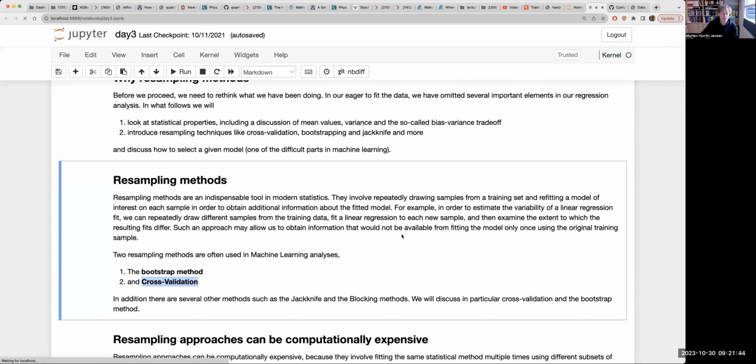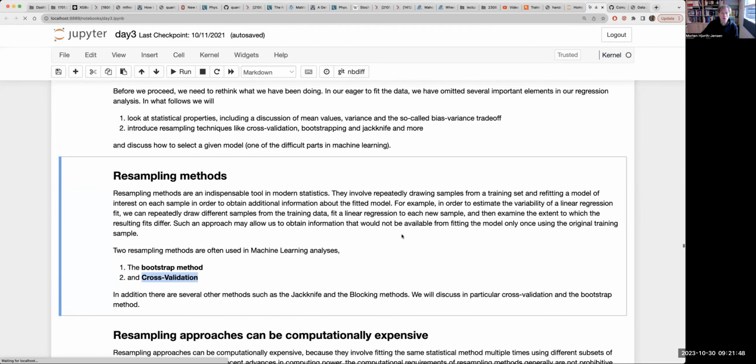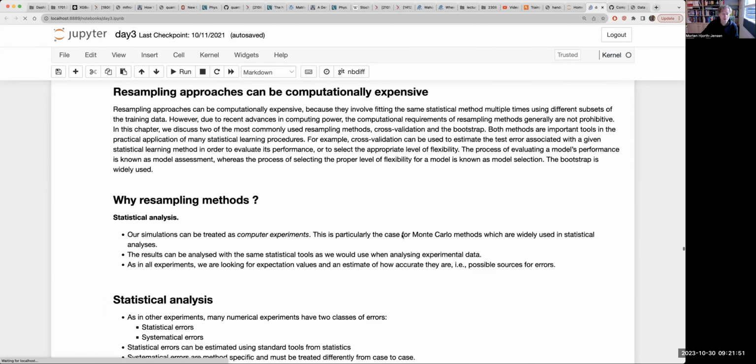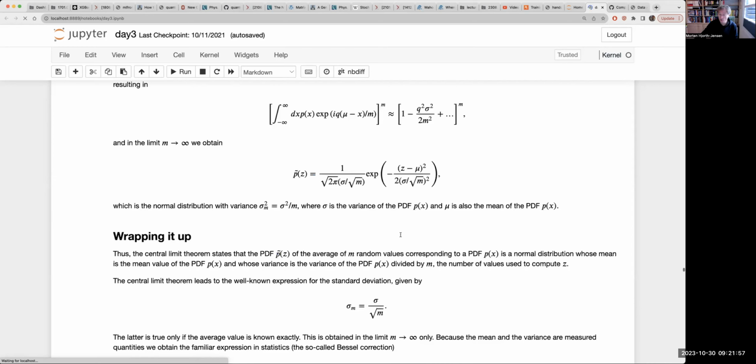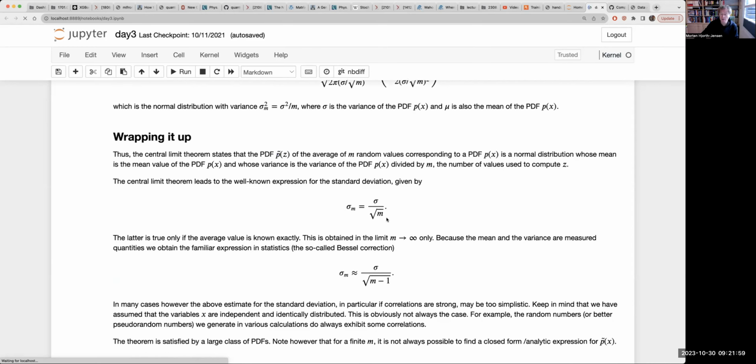So let's take a look at the examples and applications of bootstrapping and the bias variance trade-off. In the codes which you have for this specific week, there are examples of resampling techniques. One of the things we discussed last week was a demonstration that the bootstrap method gives us what the central limit theorem predicts.